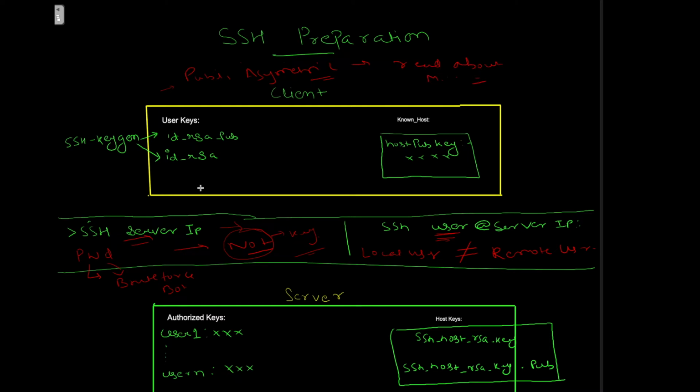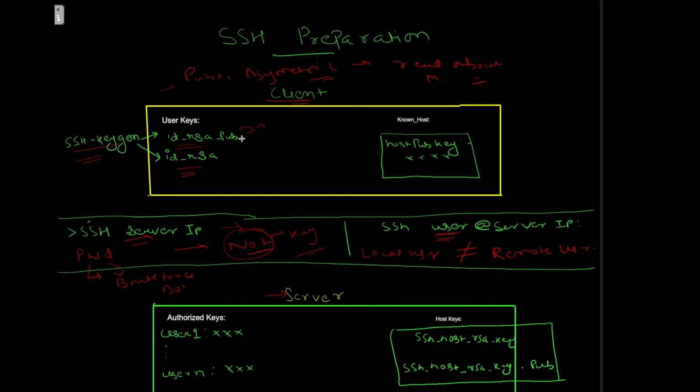Okay, so let's look at the client side first and then the server, as it's a client-server model. SSH provides us a tool called ssh-keygen, which we can use to generate a public and private key pair. This public key, as its name says, is public, and it should be shared with the server.